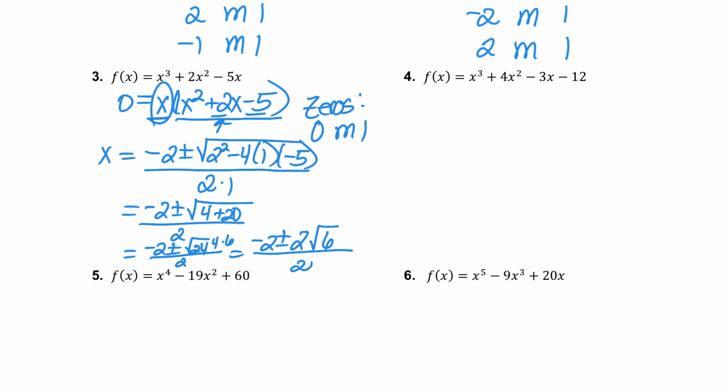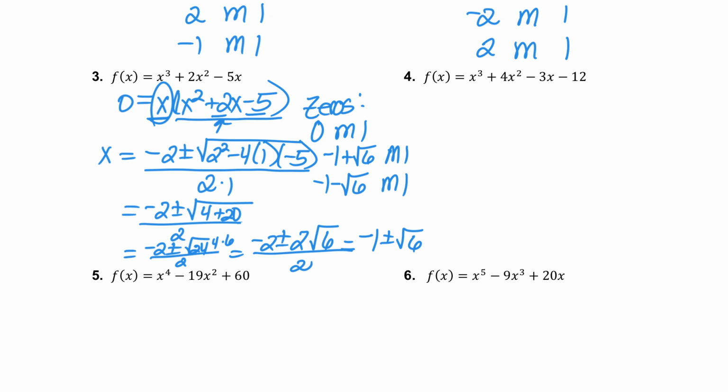So if you look, I could divide everything by 2, and that's going to become negative 1 plus or minus the square root of 6. Okay? And so those are individual, actually. So those are 2 zeros. One is negative 1 plus the square root of 6, and it has multiplicity 1. The other one's negative 1 minus the square root of 6, and it also has multiplicity of 1.